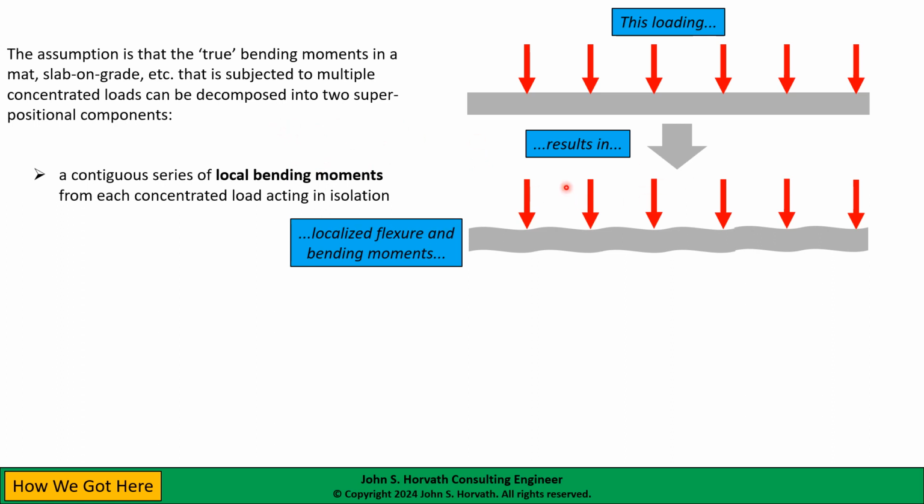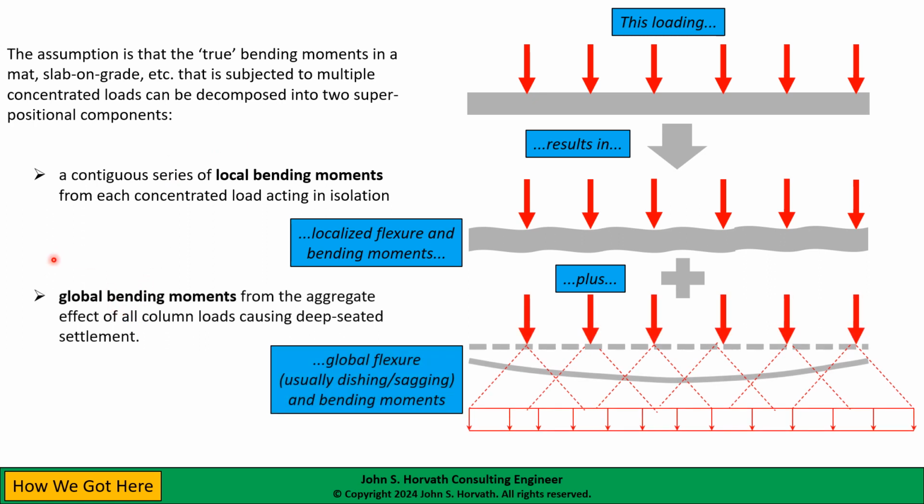The assumption is that these loads are far enough from each other that each of them produces a localized effect on the structural element. In addition, we're going to have what we call global bending moments, which are the aggregate effect of all of these isolated loads, which are typically column loads in a mat foundation.